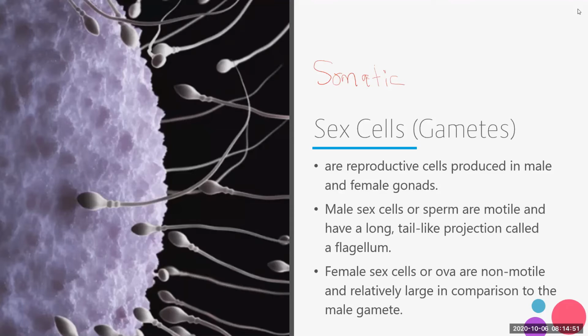And isa pa, in terms of number, females, when they are newly born na female, they contain 1 million egg cells. But as they grow older, particularly pag mag-reach na sila ng puberty, they lose 1,000 eggs each year.